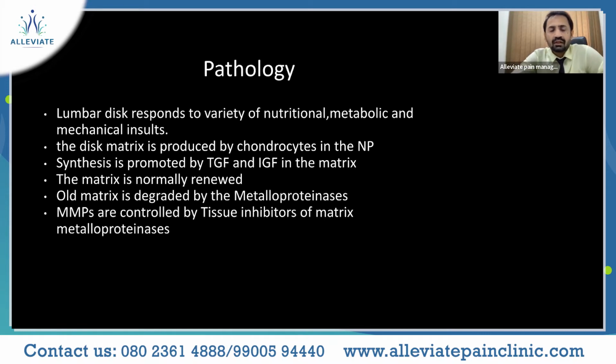So pathology: the lumbar disc responds to a variety of nutritional, metabolic, and mechanical insults. The disc matrix is produced by chondrocytes in the nucleus pulposus. Just a basic thing: the nucleus pulposus is the one which is inside, and the outer aspect is your annulus fibrosus. They are made up of proteoglycans, more in the nucleus pulposus, whereas collagen is less there.